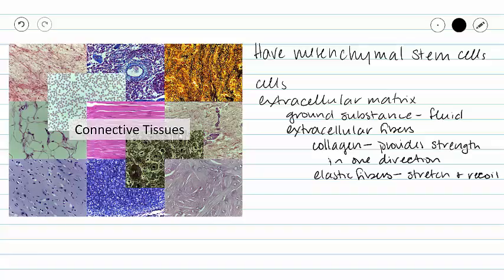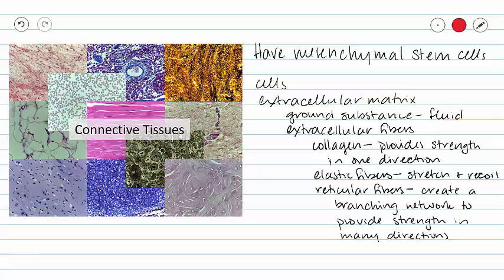Elastic fibers generally stain a dark purple. And lastly, we have reticular fibers, which create a branching network and provide strength in many directions. Our reticular fibers generally stain dark brown or black, or light blue. It depends on what kind of stain you're looking at.